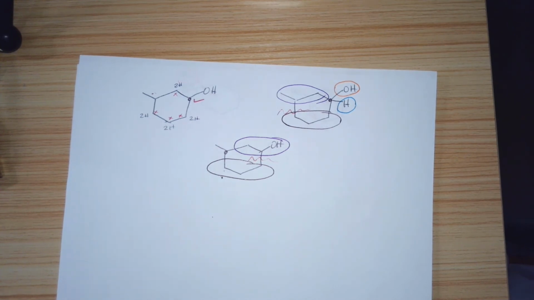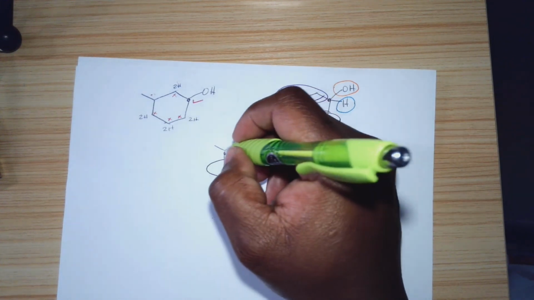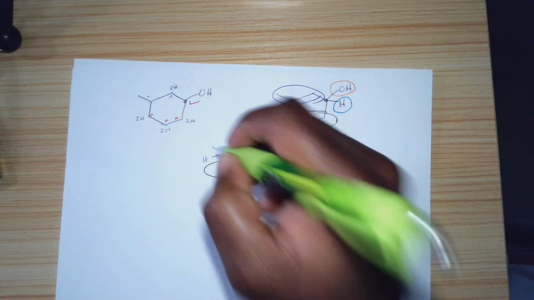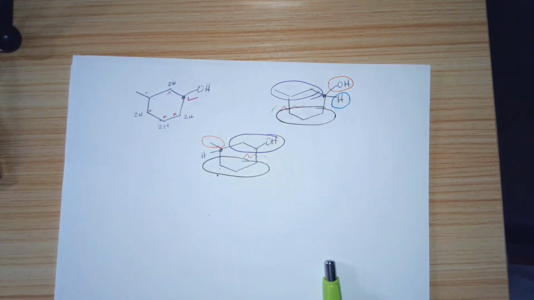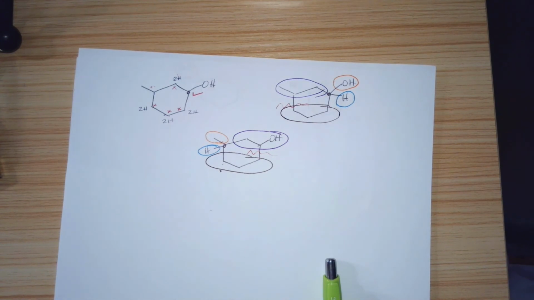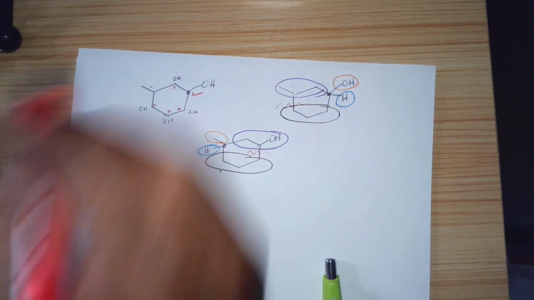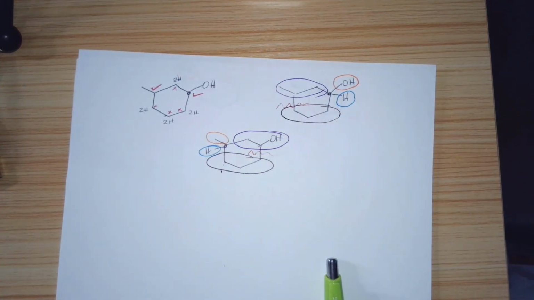We also have our methyl, and what I didn't show, we had 1, 2, 3 bonds. We also know that there was a hydrogen present. So that means that we have our methyl group and we have our hydrogen. So this carbon also has 4 different groups, so therefore it is also a chiral center. So this molecule has 2 chiral centers.